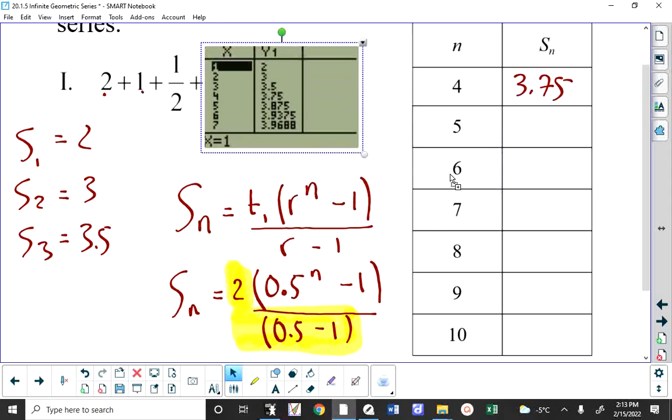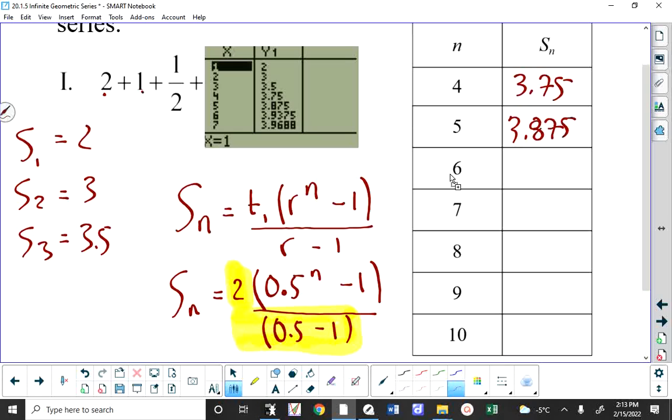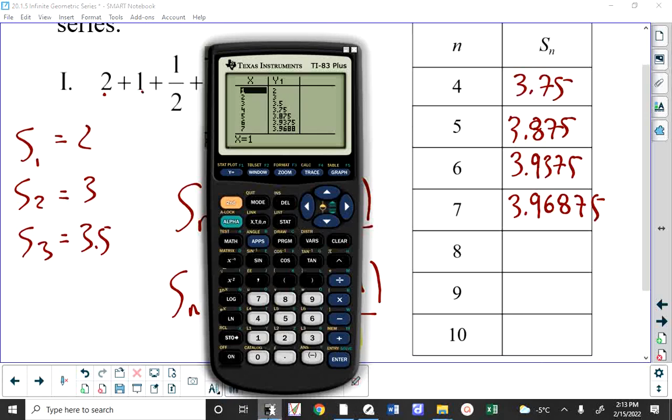I'm just going to pull it off so I can write on here. The next one's 3.875. Then 3.9375. Then 3.96875.